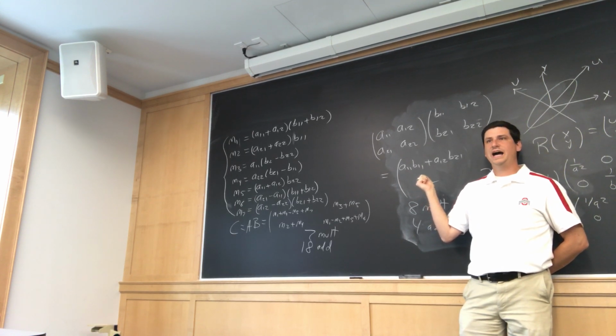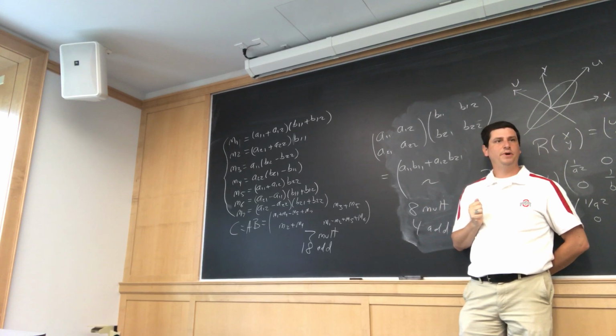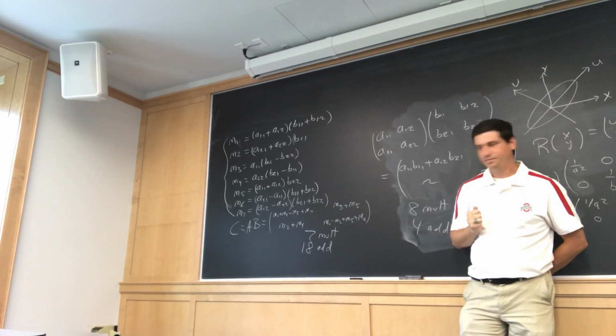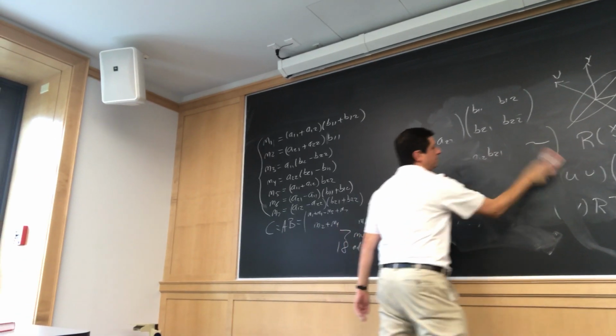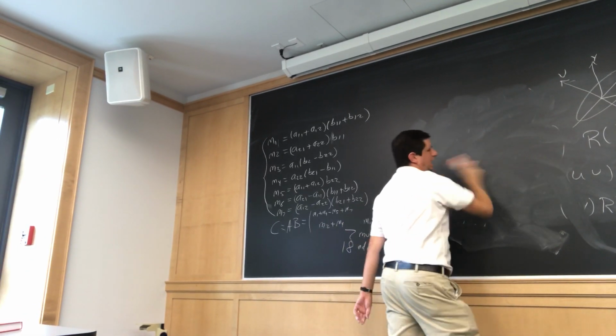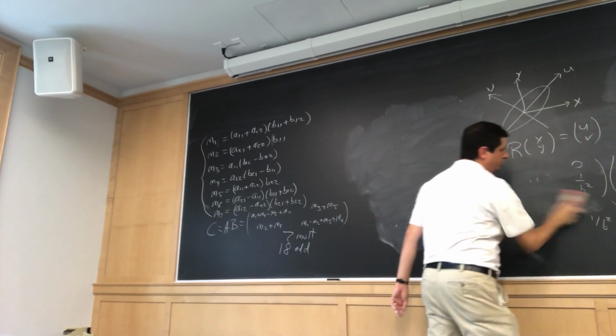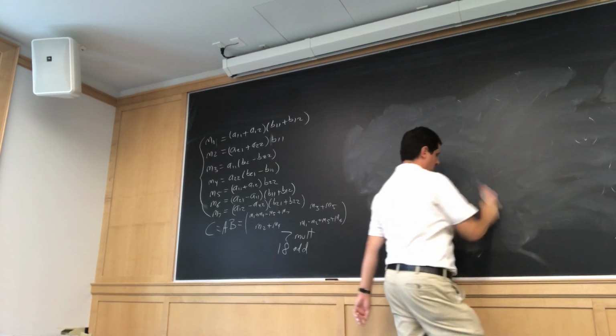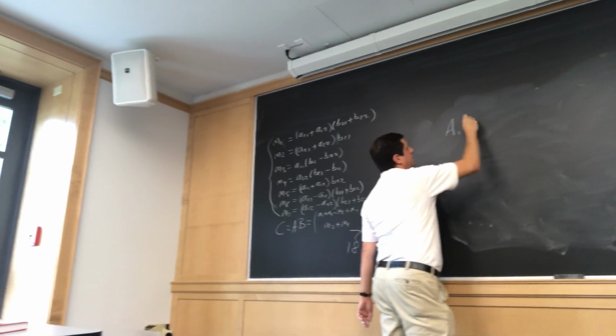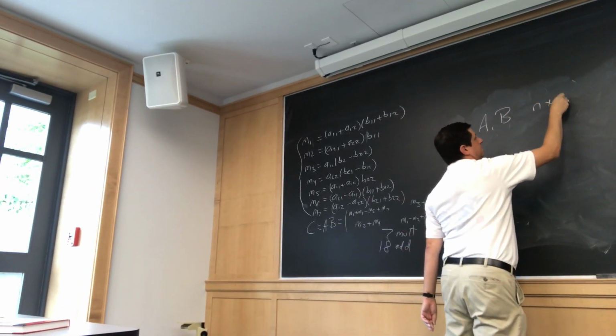And so the question is, how expensive is it to multiply matrices? Well, I will assume that n is a power of 2 just to make things simple. Let's say A and B are n by n.